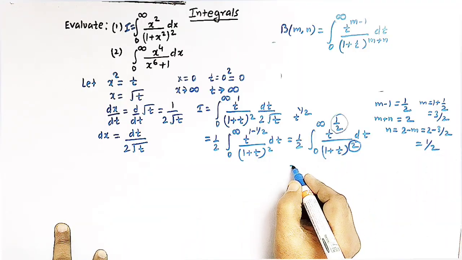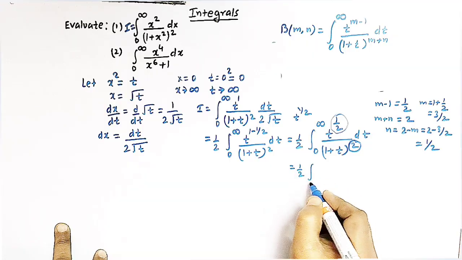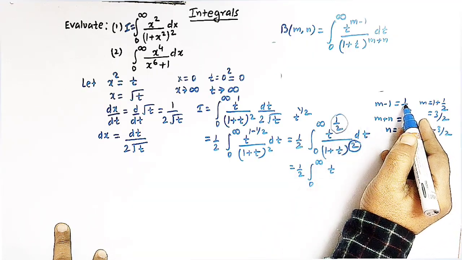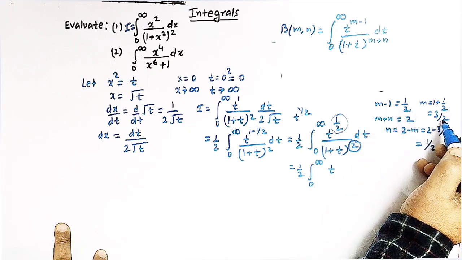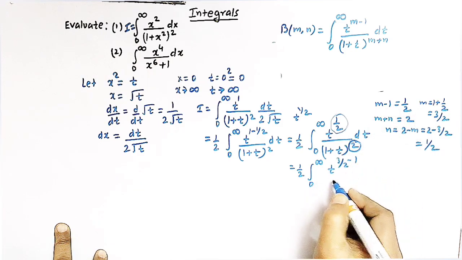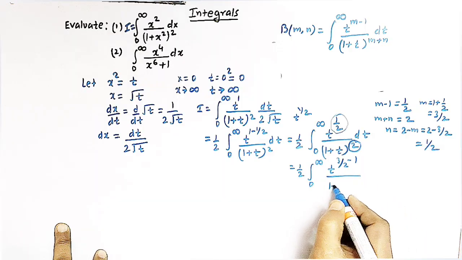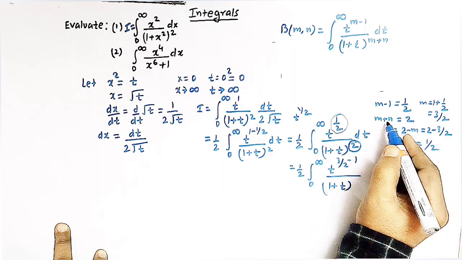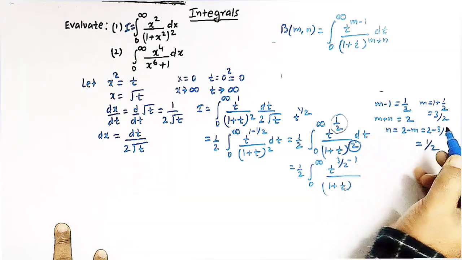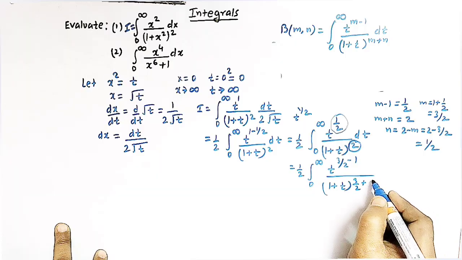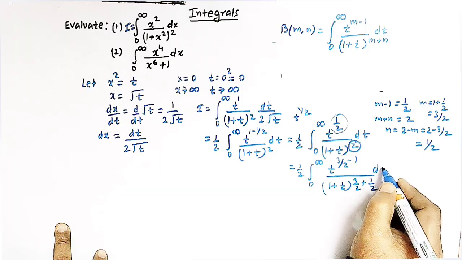So now we can write this integral as half, and 0 to infinity, and t raised to half can be written as m minus 1. M is 3 by 2. So here we have 3 by 2 minus 1, and then we can write 1 plus t, and here we have 2. So 2 can be written as m plus n. M is 3 by 2 and n is half, right?